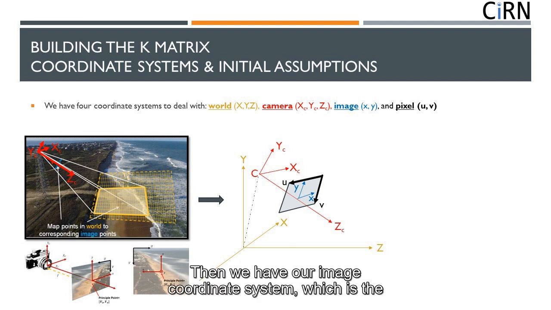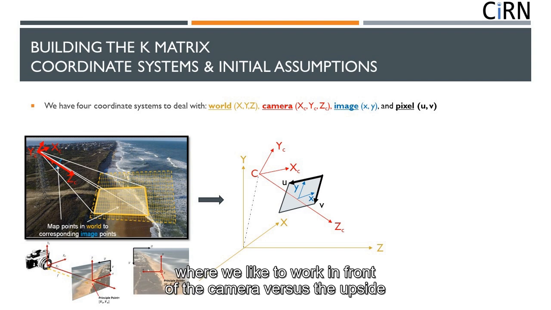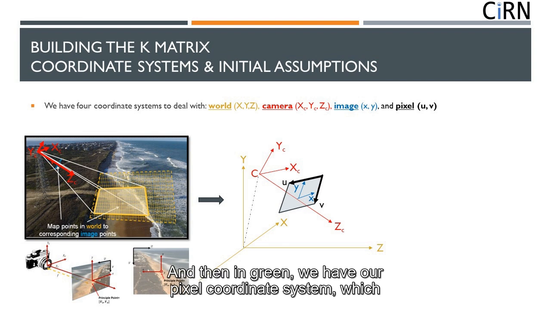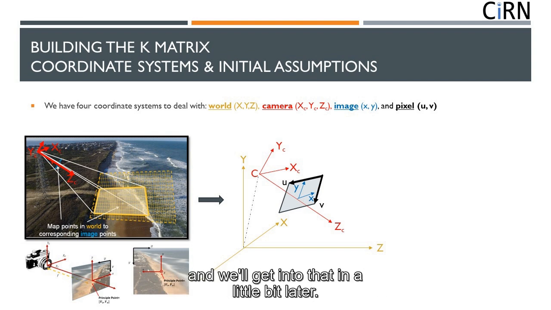Then we have our image coordinate system, which is the X and Y coordinate system of the little virtual image, which is where we like to work, in front of the camera versus the upside down one behind the camera. And then in green, we have our pixel coordinate system, which is actually slightly reversed from our image coordinate system. And we'll get into that a little bit later.